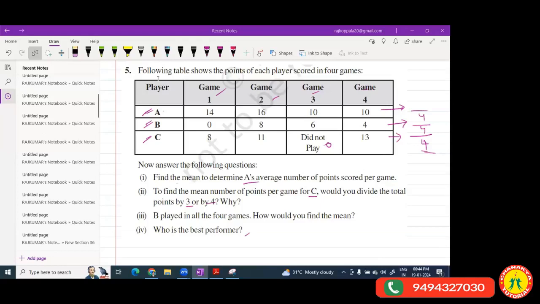Yashwant, you also, switch off the camera. Do it. And I will ask the answers for each.